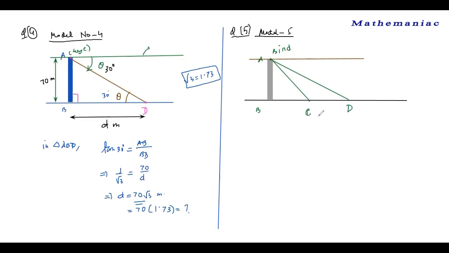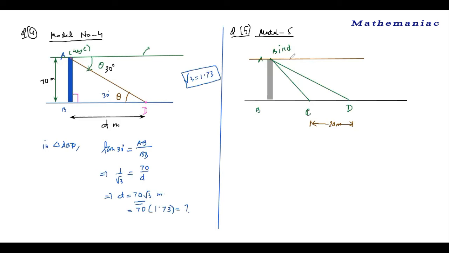Here my question will be: there are two dogs, and at that very moment, dogs C and D are at a distance of 20 meters.